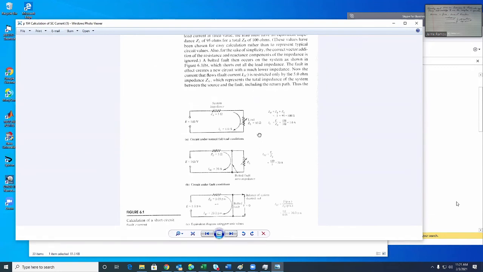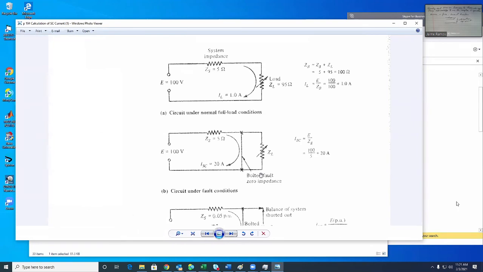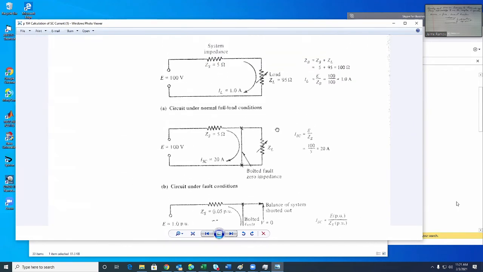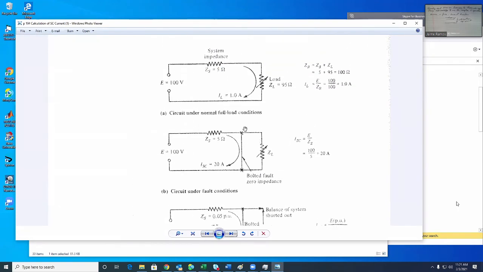So then here comes a simple example. Look, a very simple circuit with a normal current of 1 amp.